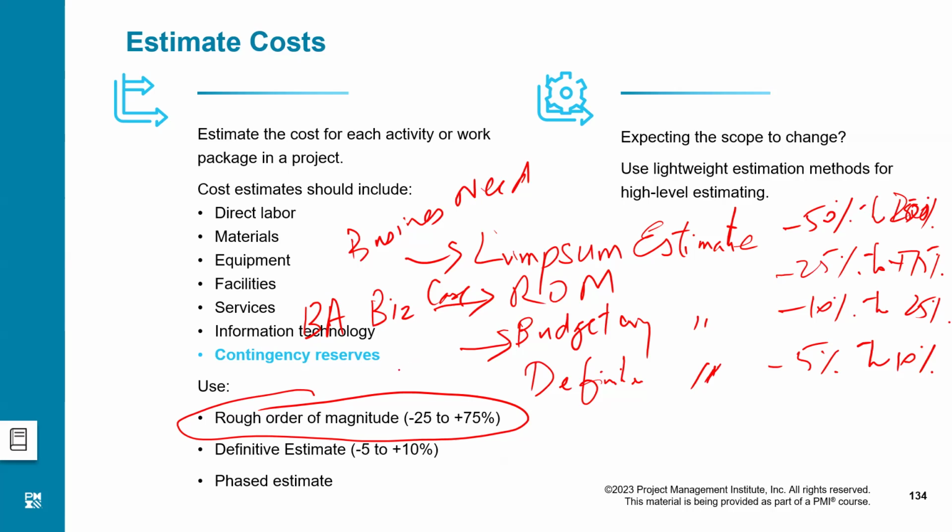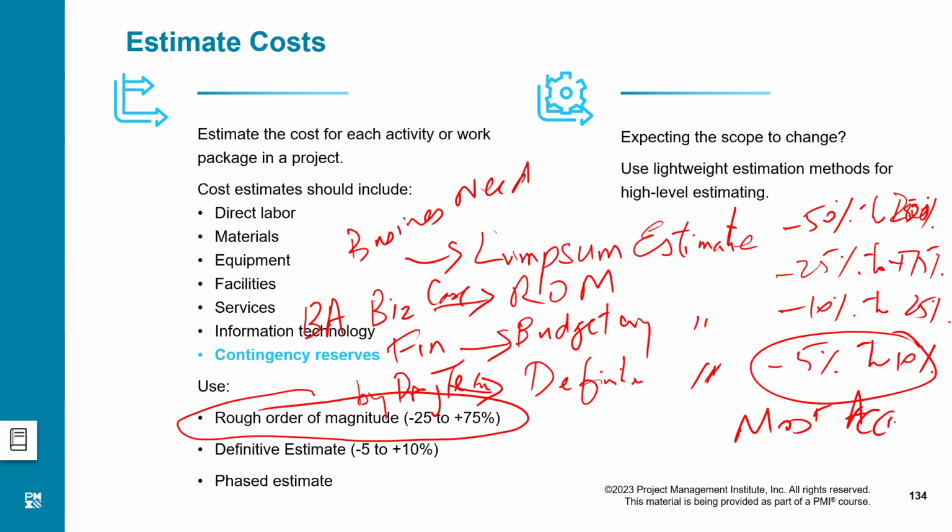So this is during the project, by the finance department or something like that, who are making budgetary allocations accordingly. And the definitive estimate is by the project team, and this is the most accurate method in predictive, right? So I hope you understand this calculation.